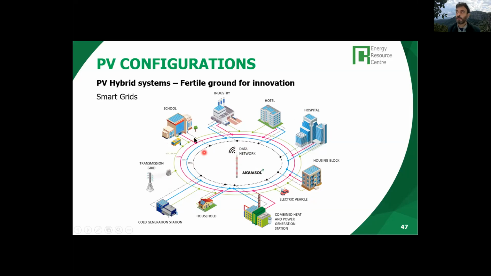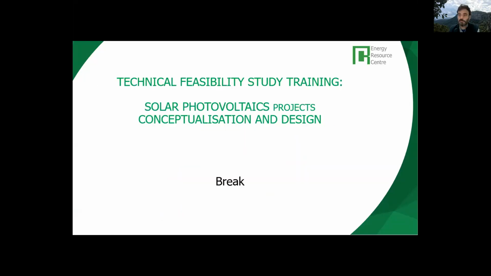So this is a simple conceptualization of what we call a smart grid. Hopefully for Mozambique we can be discussing this kind of approach very soon. Okay, so let's continue for another 50 minutes approximately.